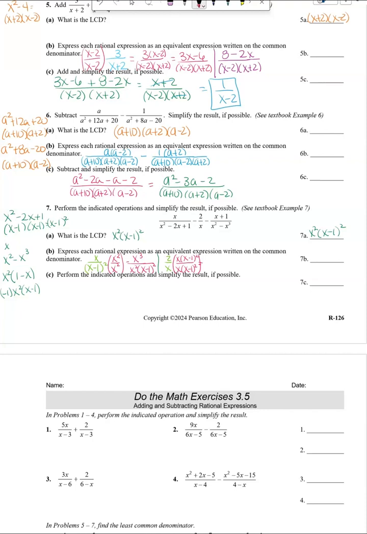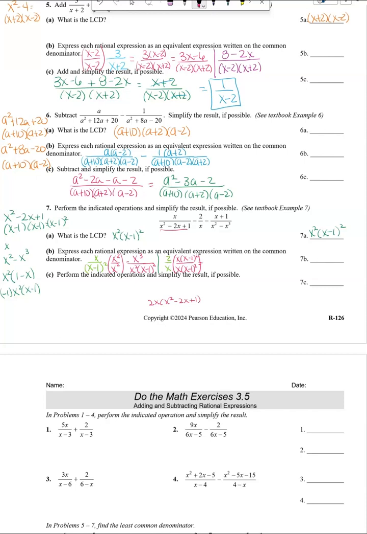First, let's do our FOILing. So x minus 1 squared we know is going to give us x squared minus 2x plus 1, right? Because it's going to give us this guy right here back. And then we're going to multiply 2x times that. So it's going to be 2x times x squared minus 2x plus 1. Right?